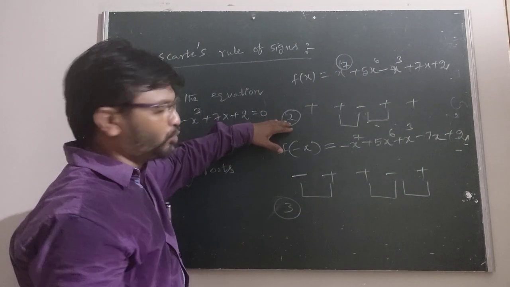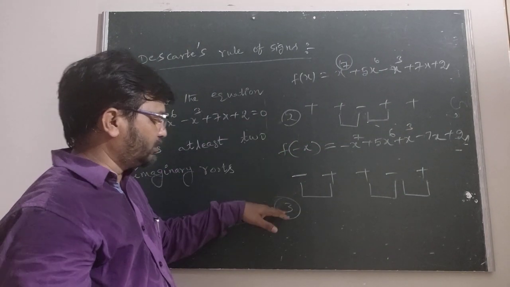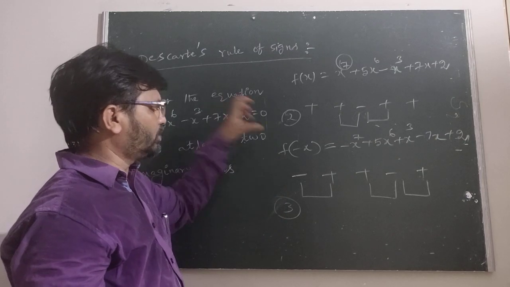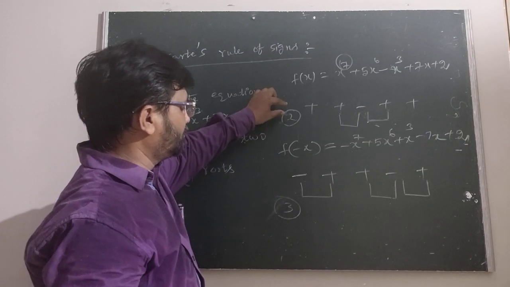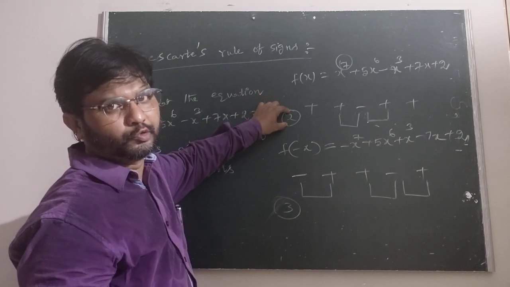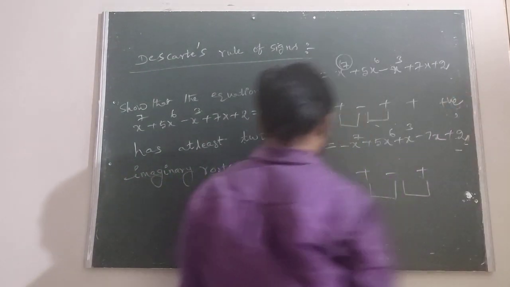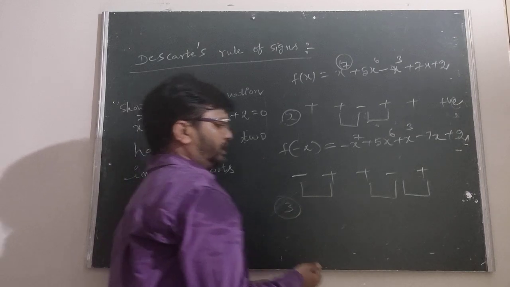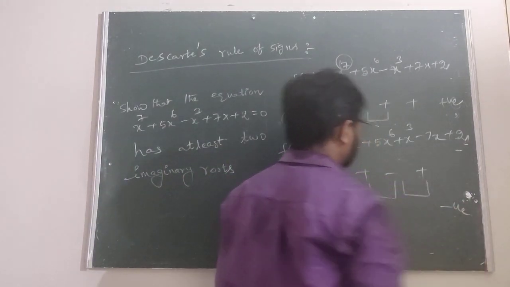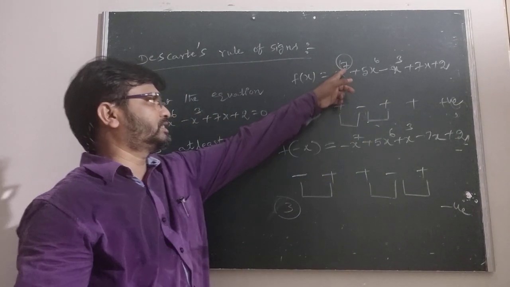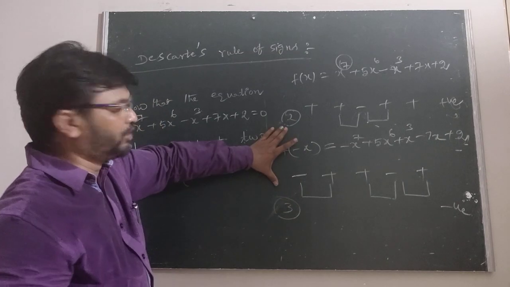Here this is at most 3. That means in this case maximum 2 positive roots, and maximum 3 negative roots. Therefore the total degree is 7.